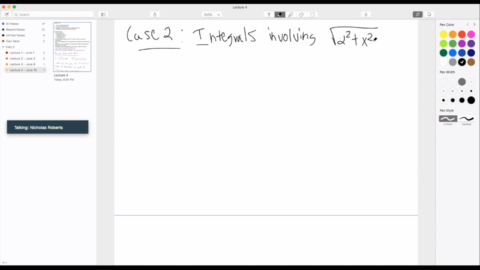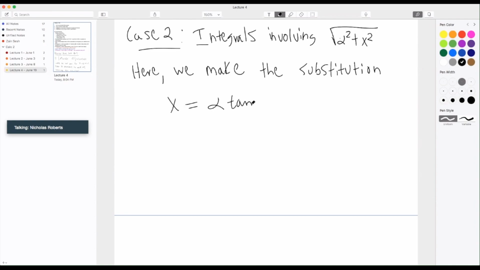What's the substitution here? We make the substitution x equals alpha tangent theta.